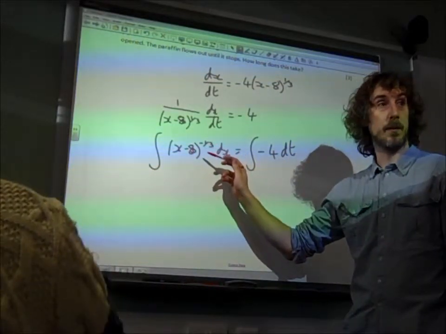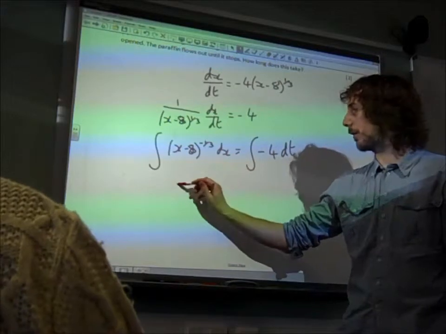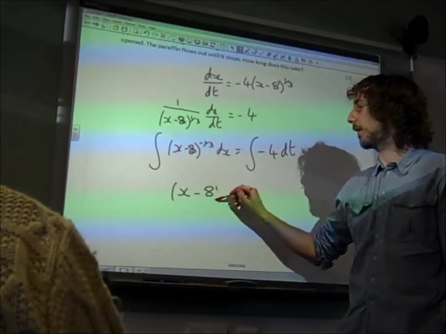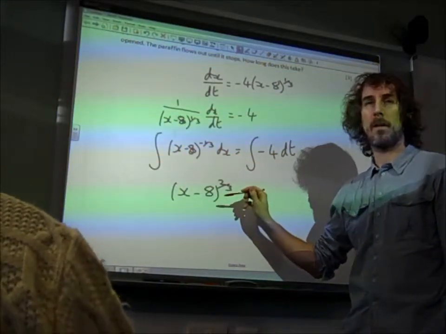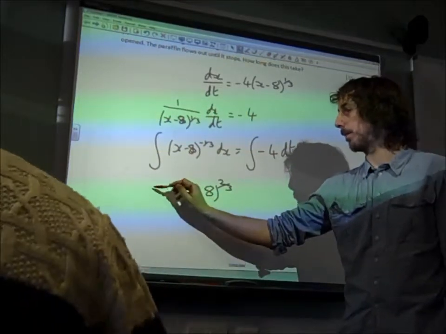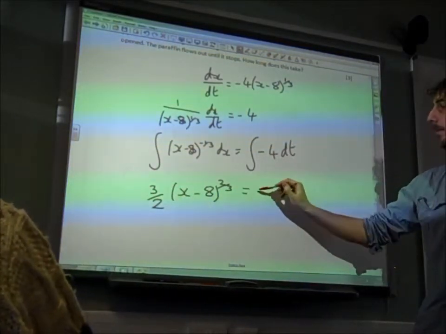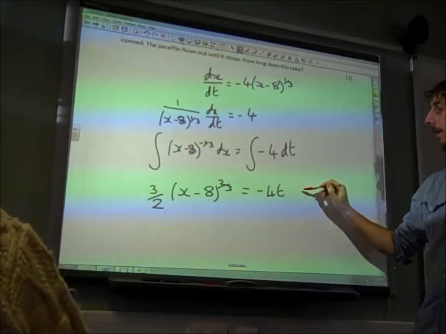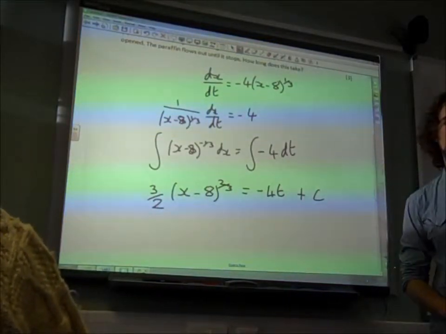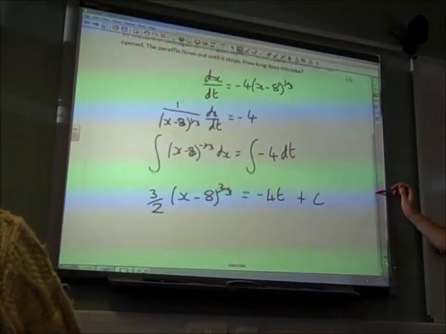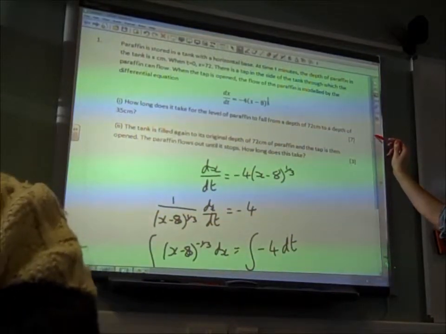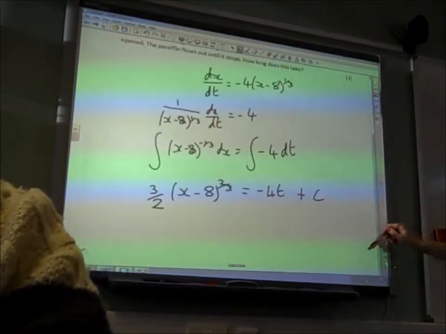So now if we integrate this, we're going to add 1 to the power and divide by the new power. That's going to give us minus a third plus 1 is 2/3. So (x minus 8) to the 2/3, and we're dividing by 2/3, or multiplying it by 3 over 2, is minus 4t, and then we need our constant of integration, c. That's going pretty well. We were told that when t was 0, x was 72.